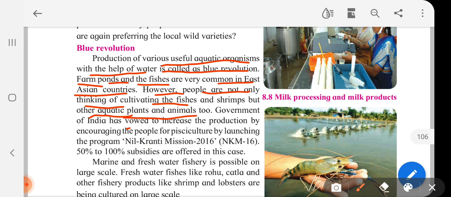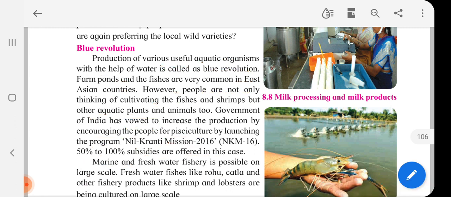The Government of India has vowed to increase production by encouraging people towards pisciculture by launching the program Neel Kranti Mission 2016. 50 to 100% subsidies are offered in these cases. Marine and freshwater fishery is possible on a large scale. Freshwater fishes like rohu, katla and other fishery products like shrimp and lobsters are being cultured on a large scale.